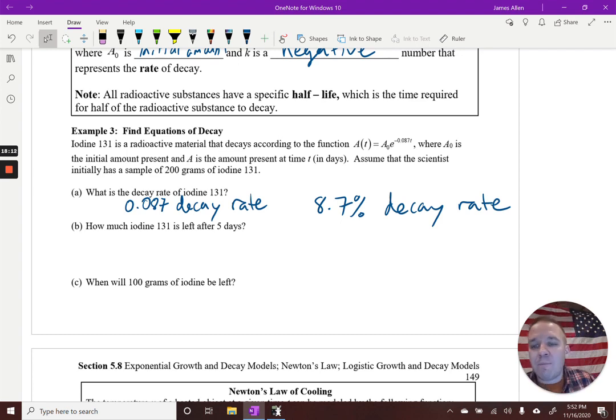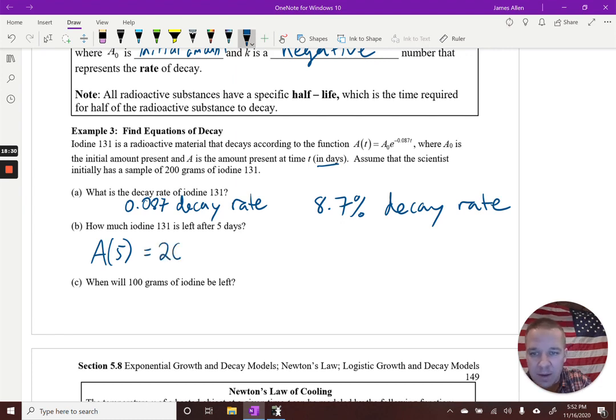We don't want that. How much iodine 131 is left after 5 days? Well, let's go ahead and plug it in. So he starts with 200 grams. So we have A of 5, right? This is in days, which is nice. We don't have to do any unit conversions.